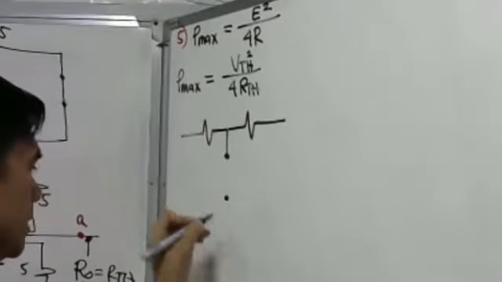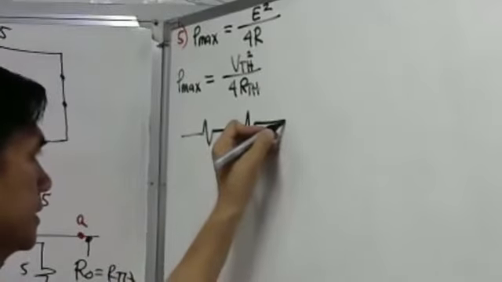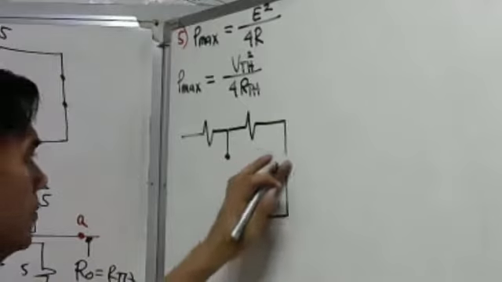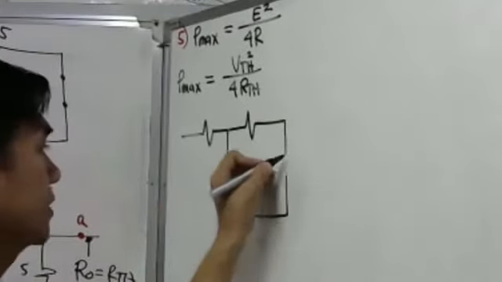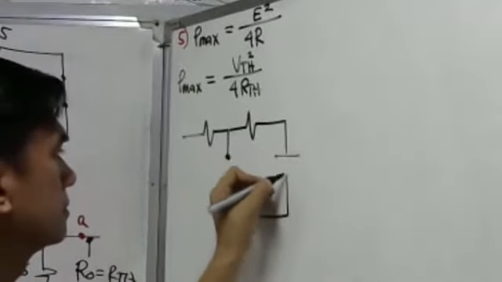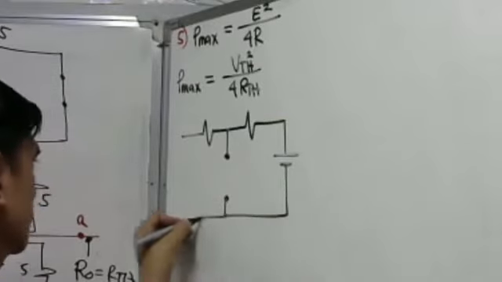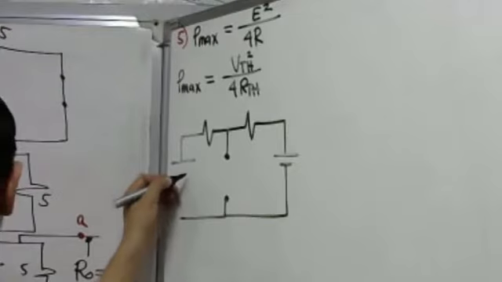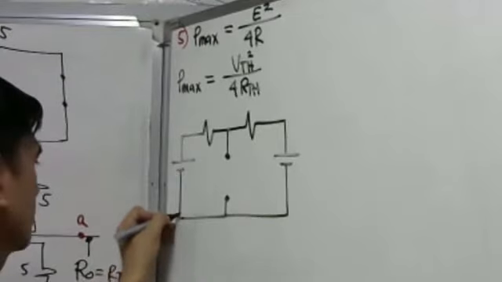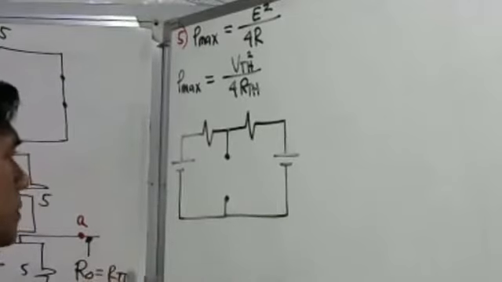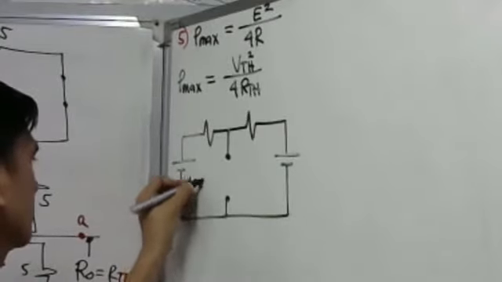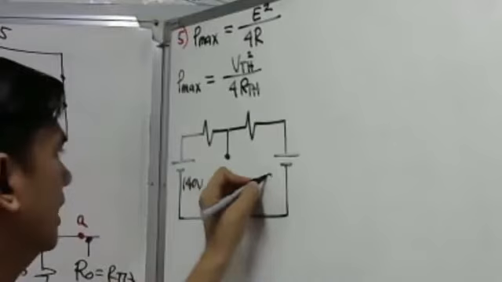So these are the two terminals. We have a 90 volt source here, then we have 140 volts, then we have 90 volts.